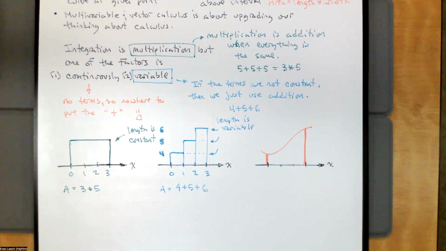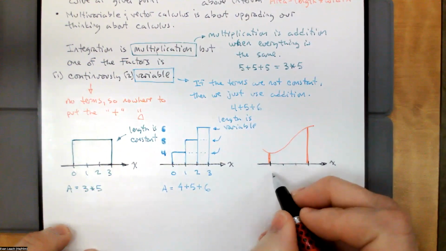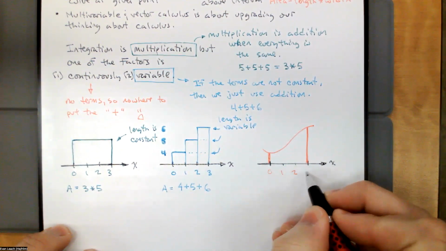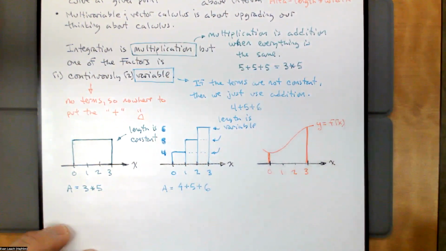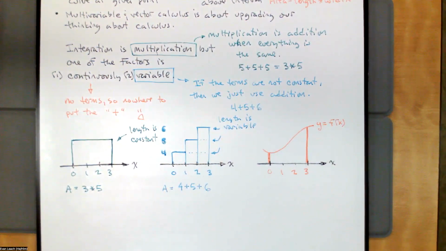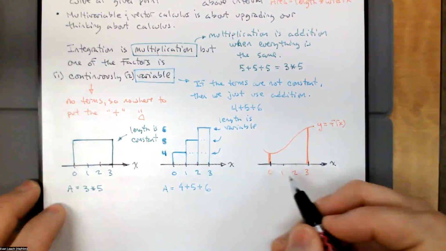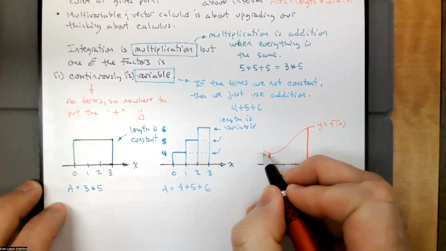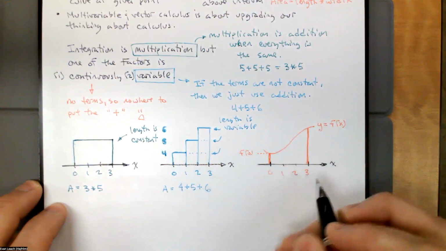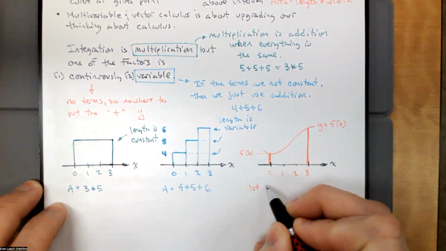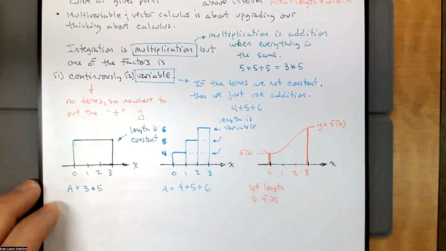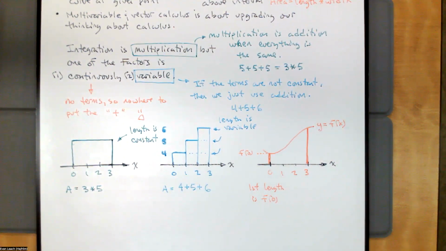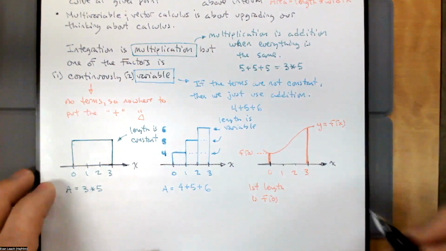There's no next height. There's nowhere to put the plus sign. So here's 0. If this is just 0, 1, 2, and 3, same as before. And if I name this with a function, to keep things simple, the length here is continuously variable. Our first length is whatever the height of the function is at 0. But there is no next length because it's continuously variable.